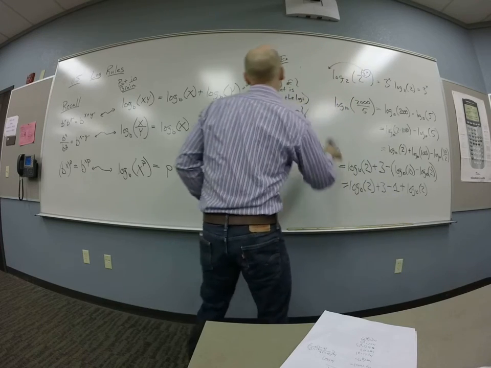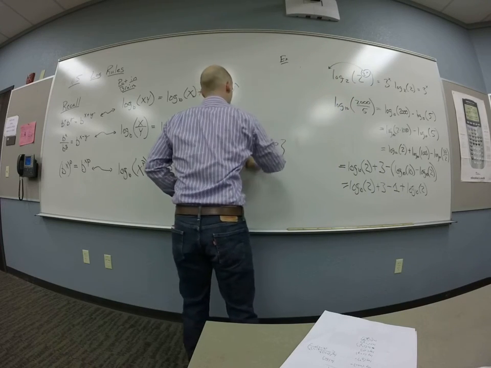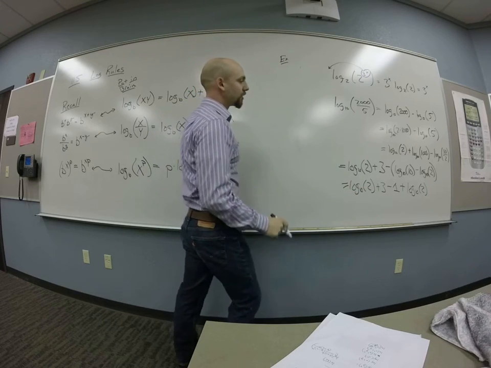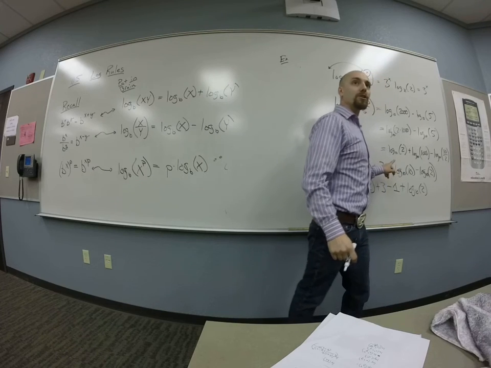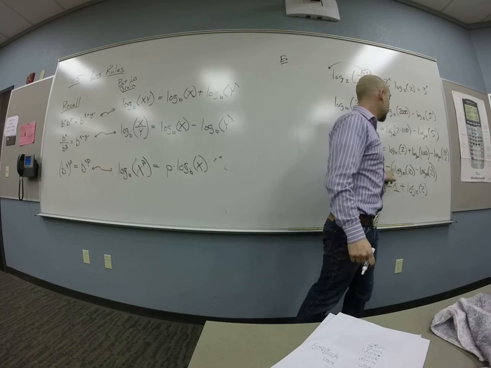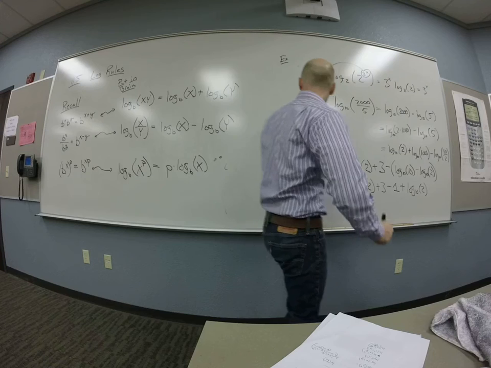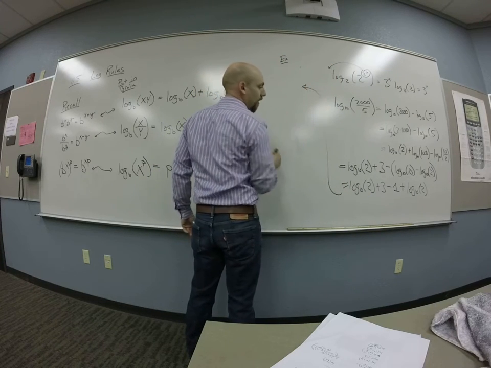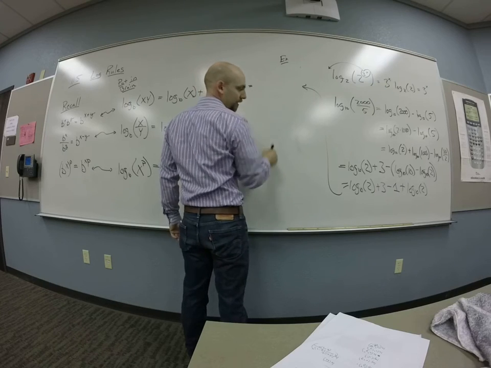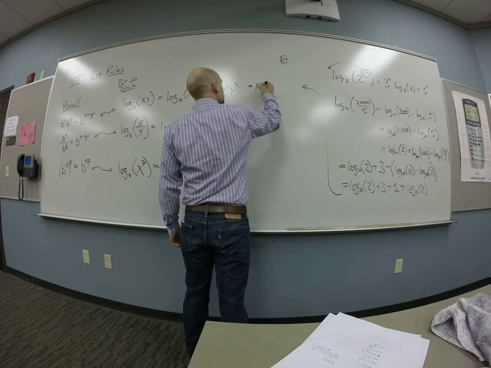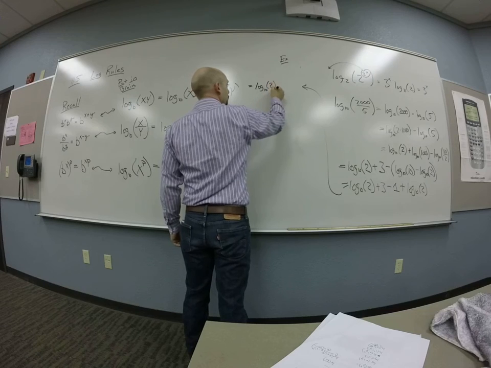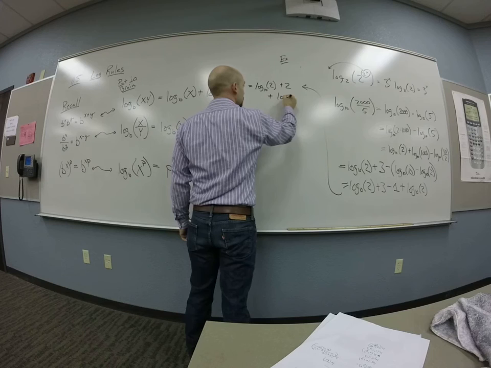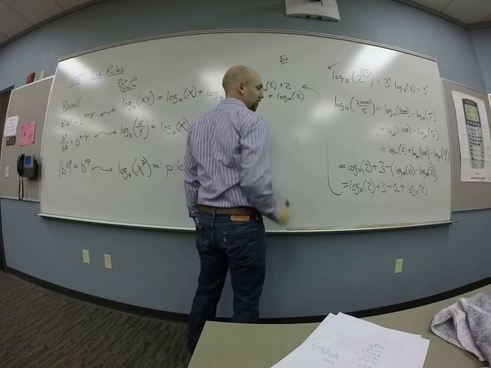I need some more space. Jerry, why wouldn't that all be in parentheses still? Because you're still subtracting. I distributed the negative 1 through. So I did minus log base 10 of 10 plus log base 10 of 2. Yeah. So if I bring this guy up here, I've got log base 10 of 2 plus 2 plus log base 10 of 2.